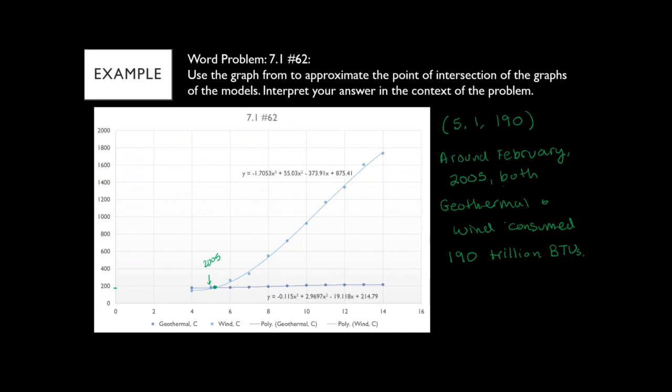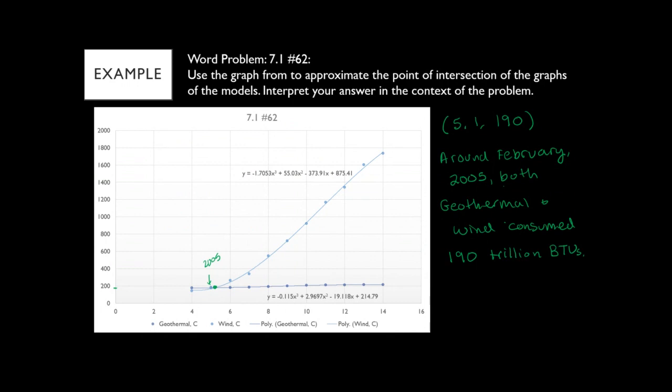So that's essentially what the intersection means. It's where both the geothermal and the wind consumption were the same. And so according to our data here, that would be around February 2005, and that would be 190 trillion BTUs based off of our estimate.